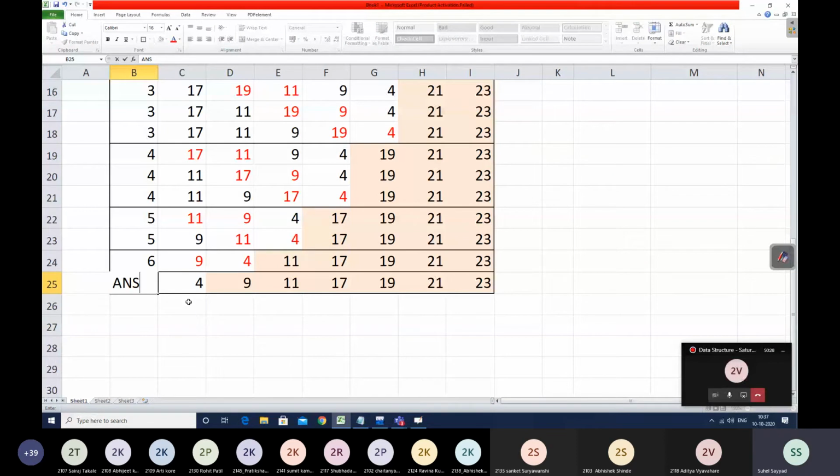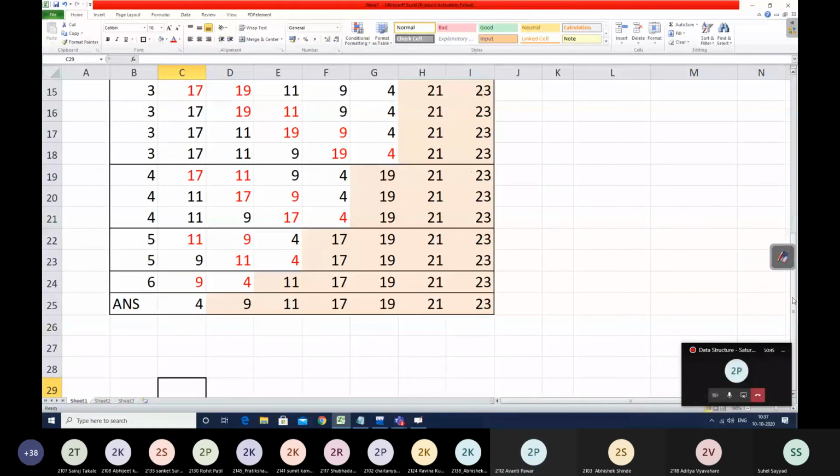Is it understood, students? Whether all of you were able to do it in your own notebooks? Yes, sir. Do we have roll number 49? Yes, sir.